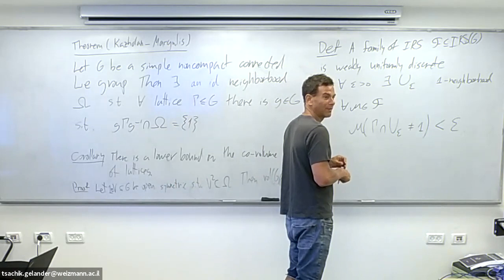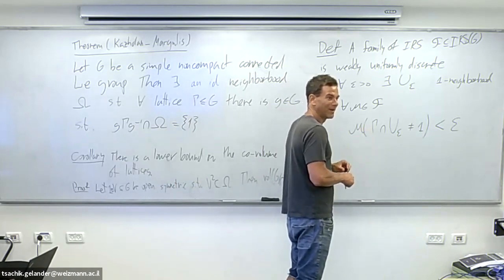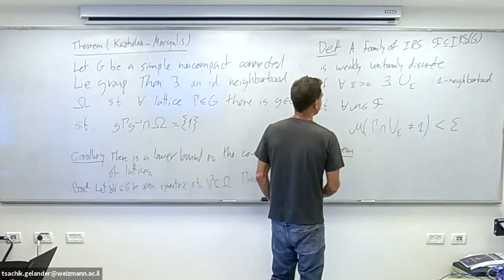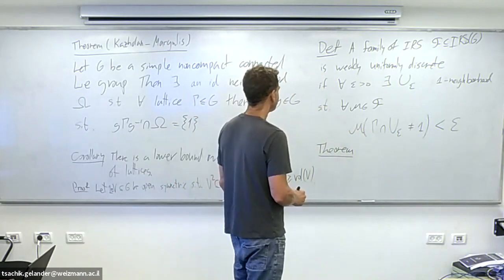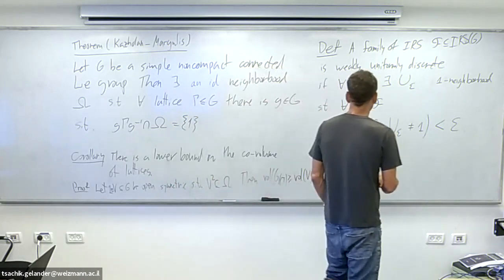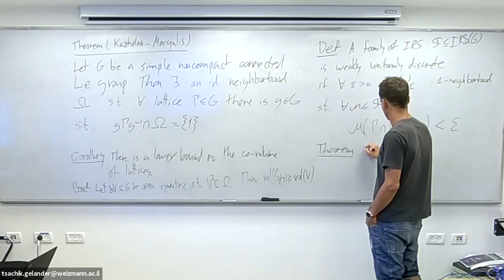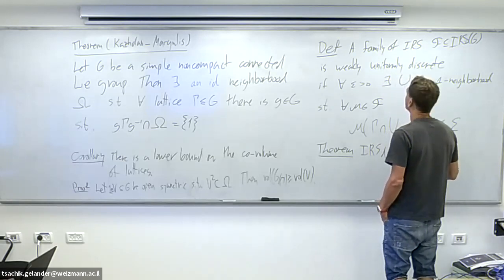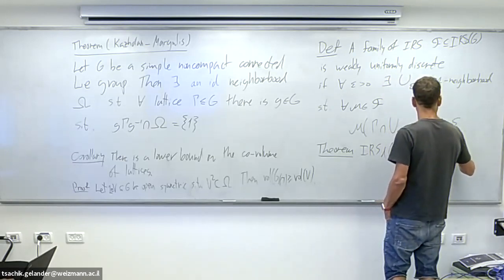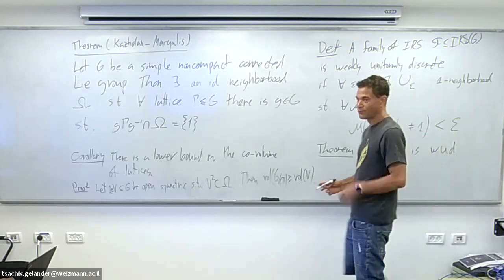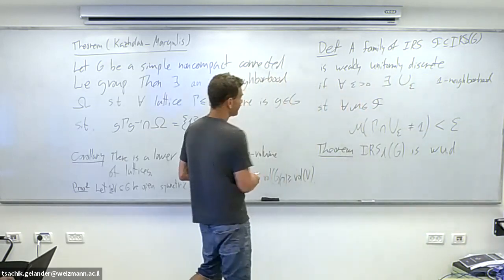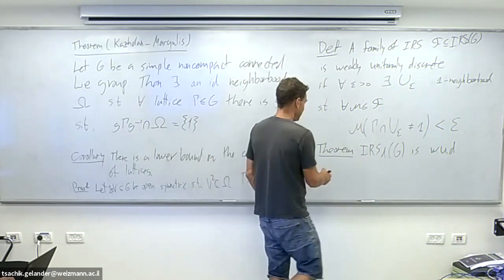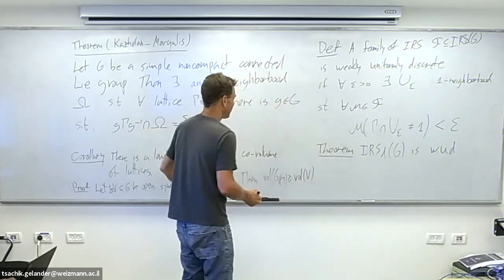And the theorem is that the space of all discrete IRS is weakly uniformly discrete. And this implies, of course, Kazhdan Margulis, so corollary.